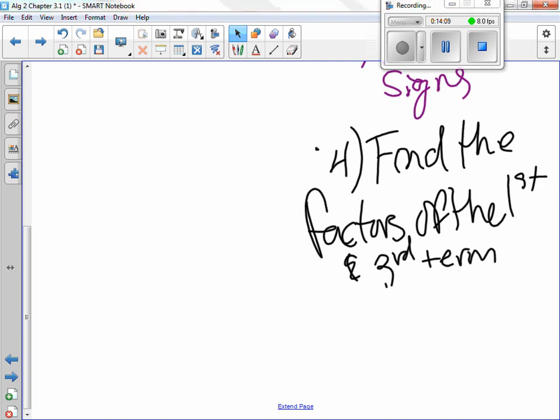I'll go on and give you step 5. Step 5 is plug and check.